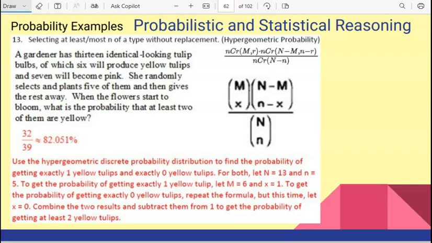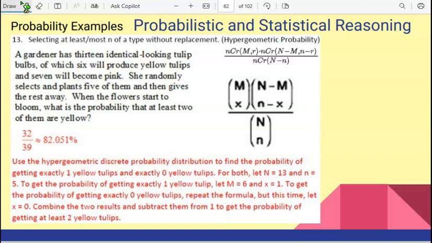You want to find the probability of getting exactly 1 yellow tulip and getting exactly 0 yellow tulips. For both, let capital N equal 13 and lowercase n equal 5. To get the probability of getting exactly 1 yellow tulip, let capital M equal 6 and x equal 1.